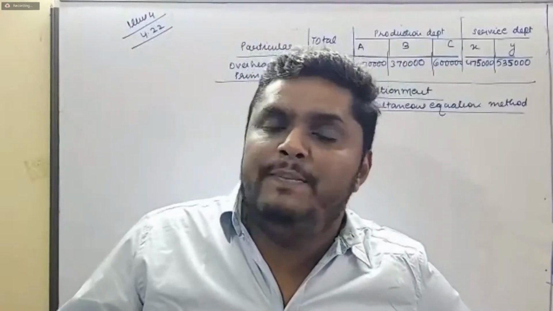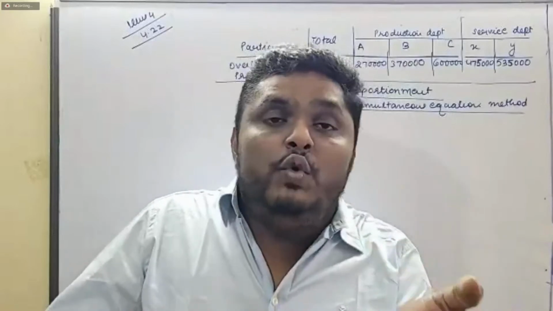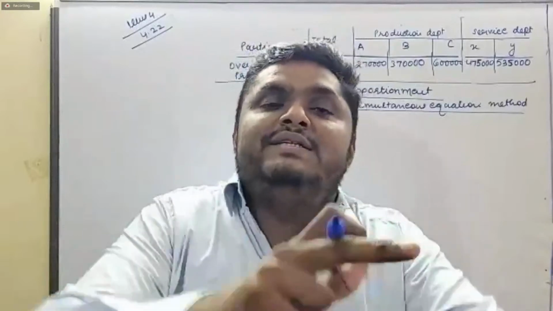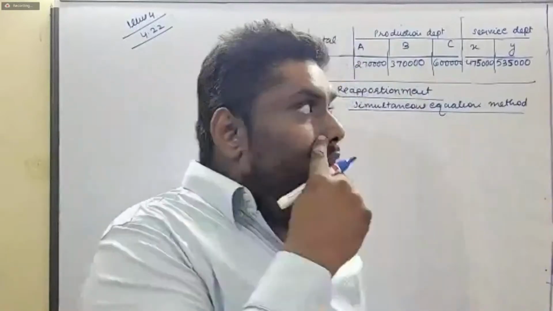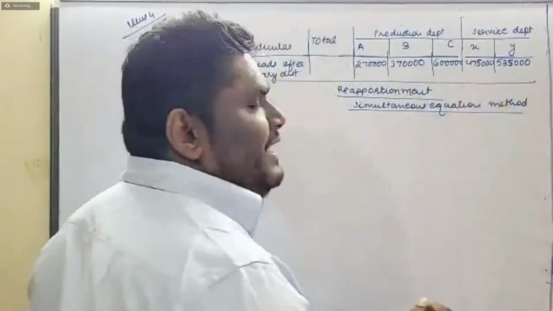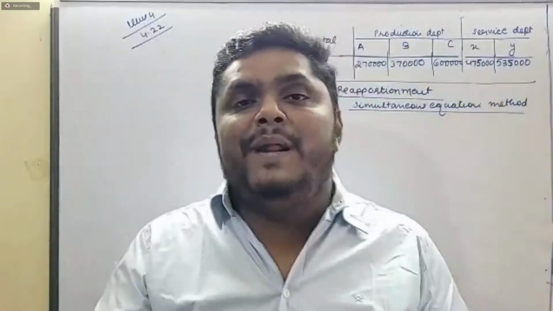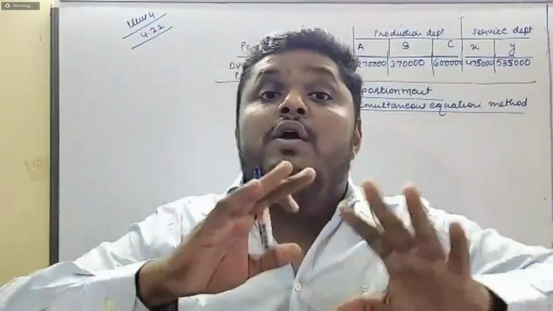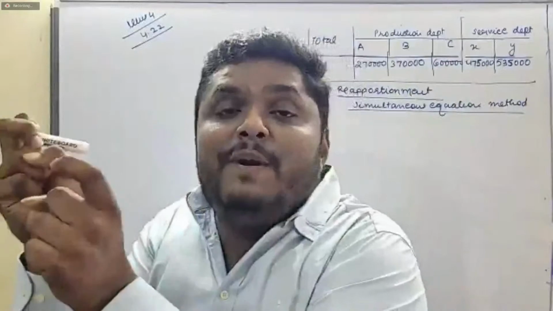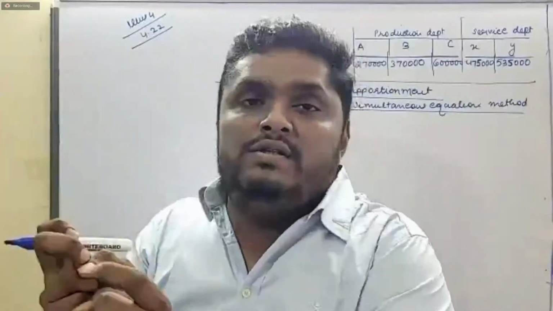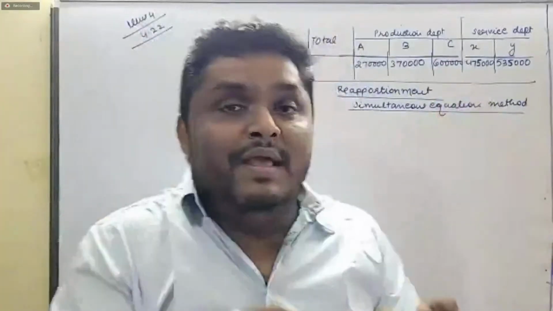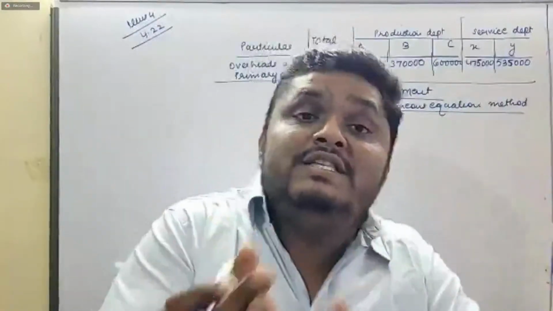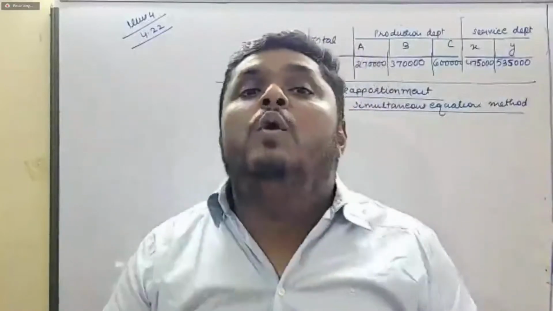Further, the overheads of service department Y are to be distributed to A, B, and X. It means X is providing services to Y, Y is providing services to X. Now, this 4,75,000, the overheads after primary distribution, is this 4,75,000 the total overheads of X? No, it will include a certain proportion of overheads of Y also. And when talking about Y, is this the total overheads? No, because this 5,35,000 will also include something distributed from X.